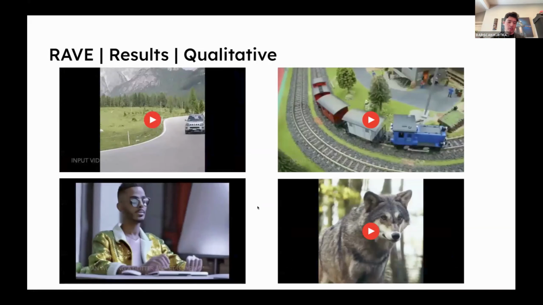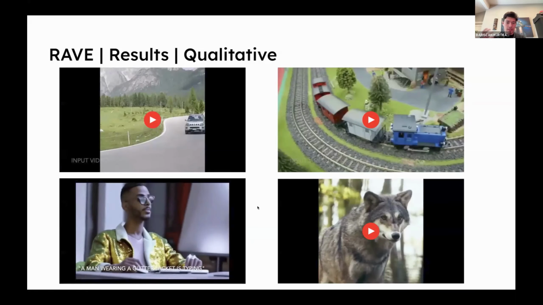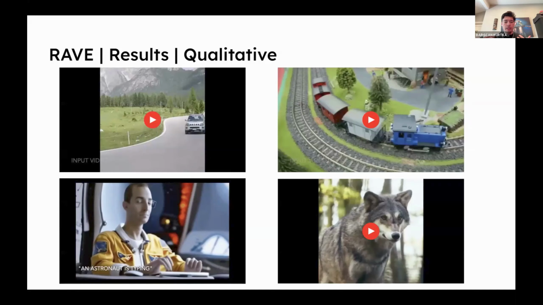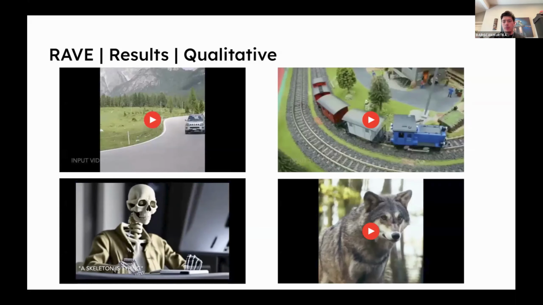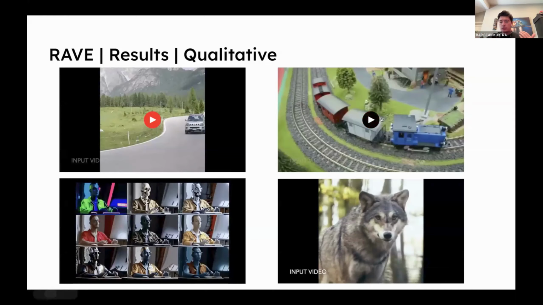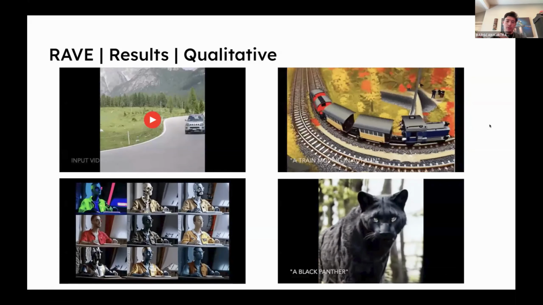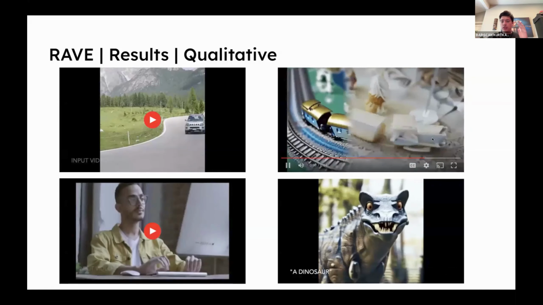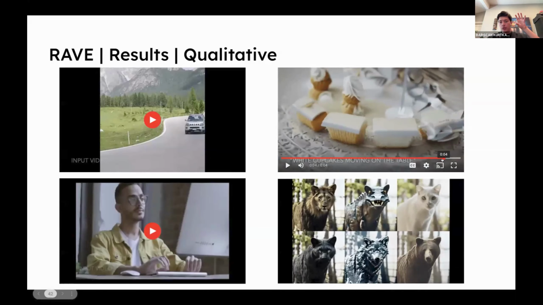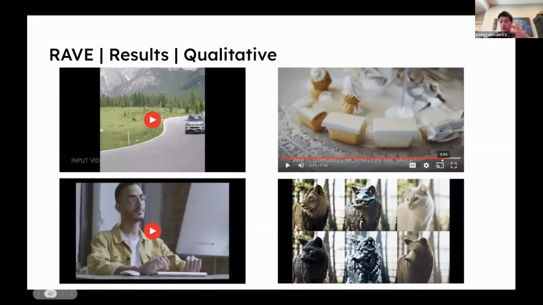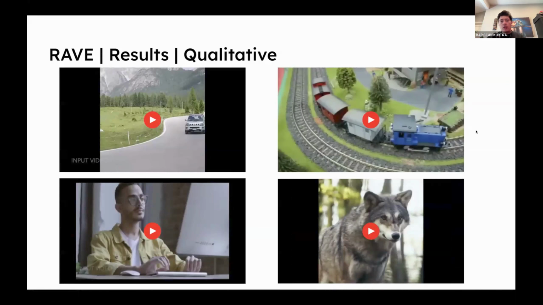We tried to change it with a local edit, a glitter jacket, and also an astronaut, or we changed it to a skeleton. The other ones are also from animals or objects. For example, in here we did an edit with white cupcakes moving on the table instead of a train.